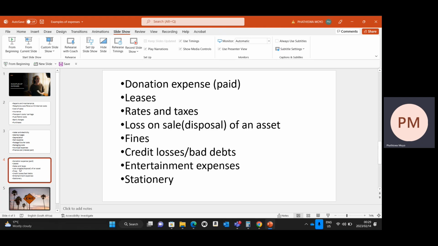Loss on sale or disposal of an asset, fines. This can be industry or regulatory fines, or road fines, or license fines, many things. Credit losses or bad debts, entertainment expenses, or stationery. So this is not the exhaustive list.